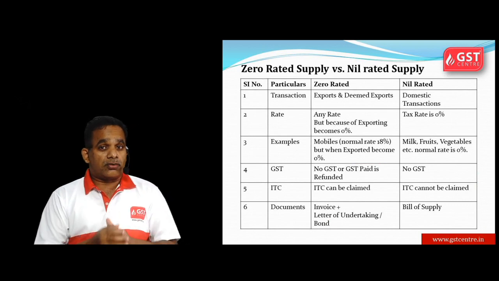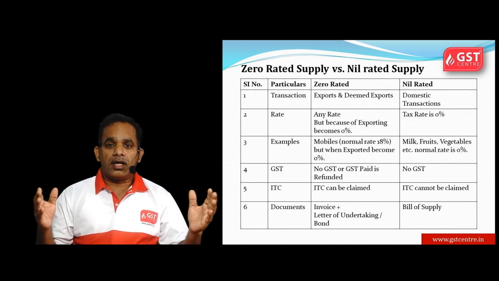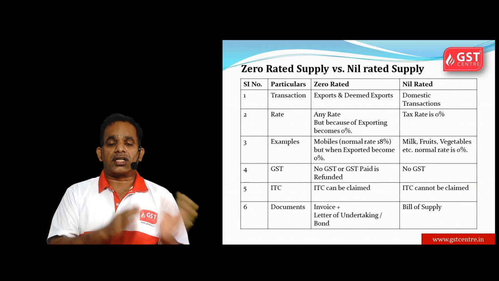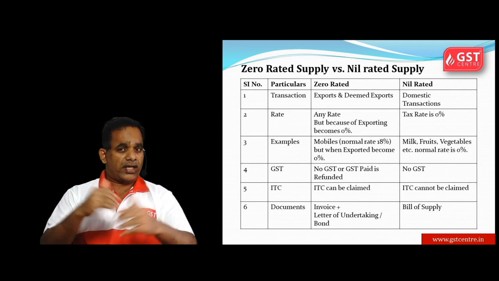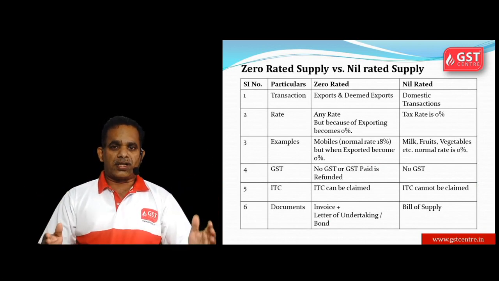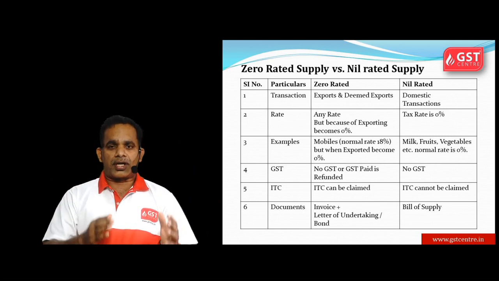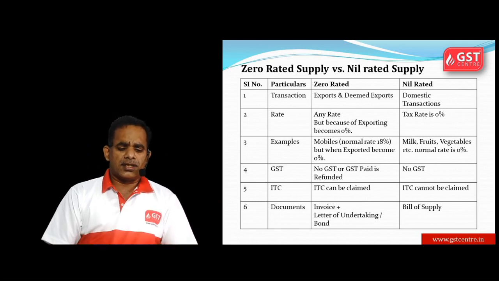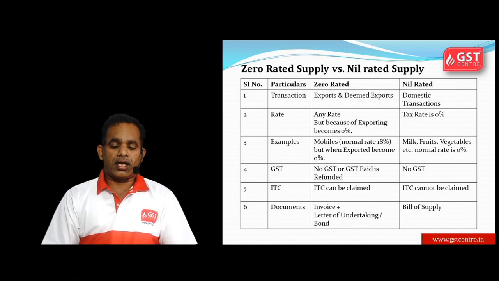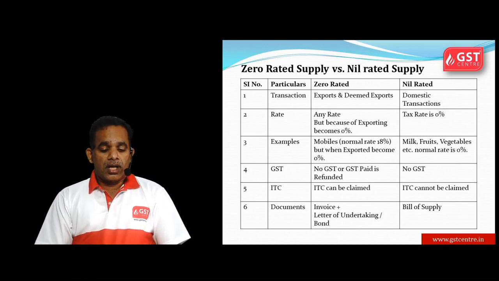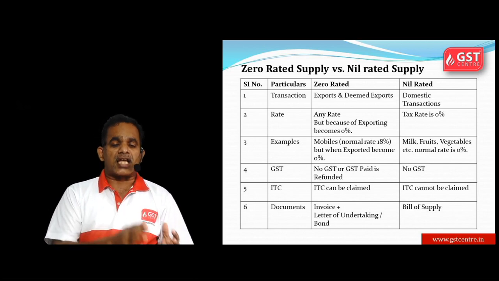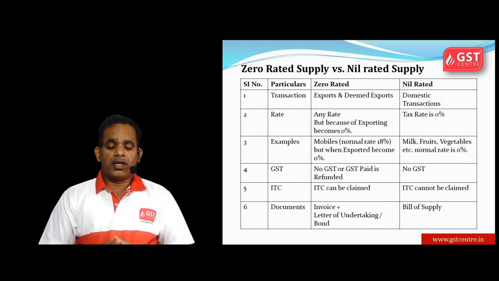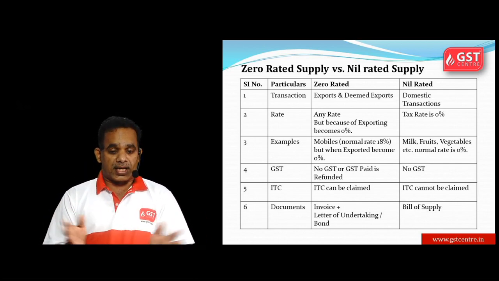And let us now conclude with the difference between zero rated supply and nil rated supply. I have given detailed differences between all zero rated, nil rated, exempted and non-taxable supplies, but here let us see only zero rated and nil rated supplies. Zero rated means exports and deemed exports. Nil rated can be domestic transactions.